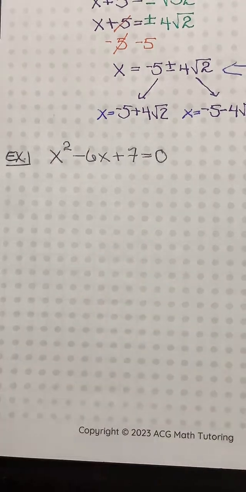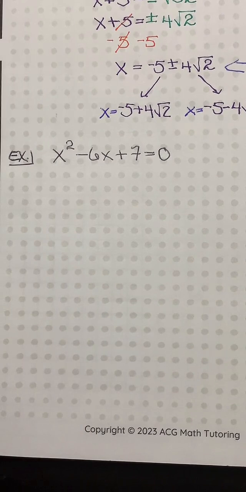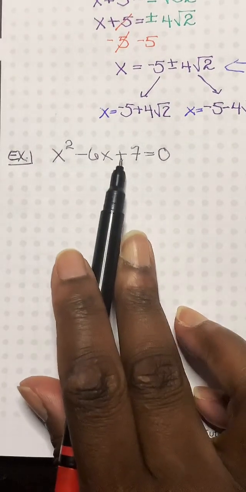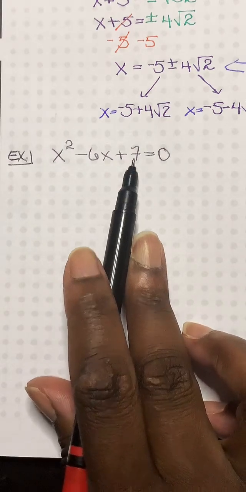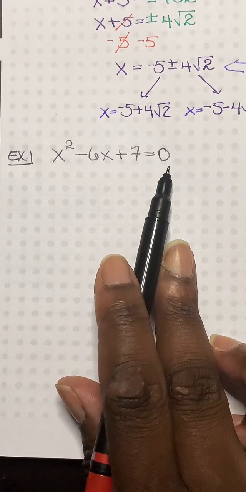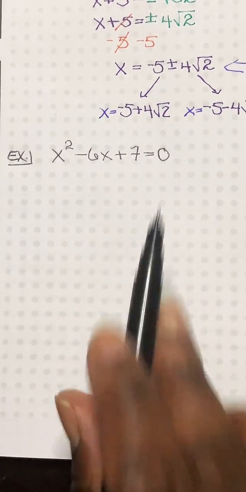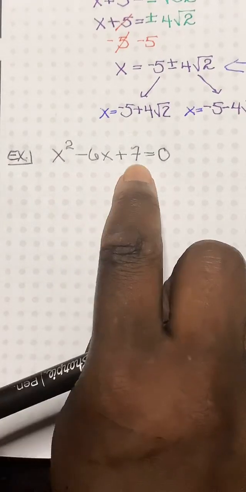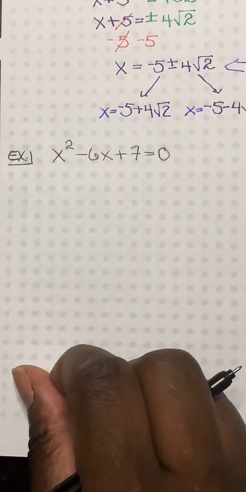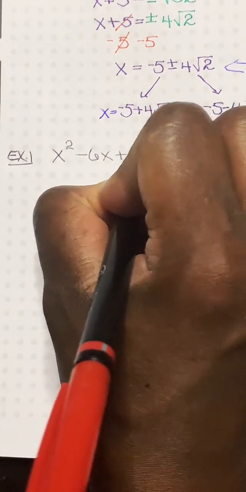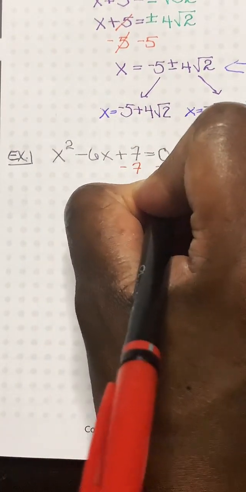Very first thing that we need to do is, where's my pen? Here we go. We need to move our constant, which is our +7, to the other side of the equal sign. So anytime you're doing completing the square, that's the only time you don't want your equation equal 0. So we have our -7 on both sides.